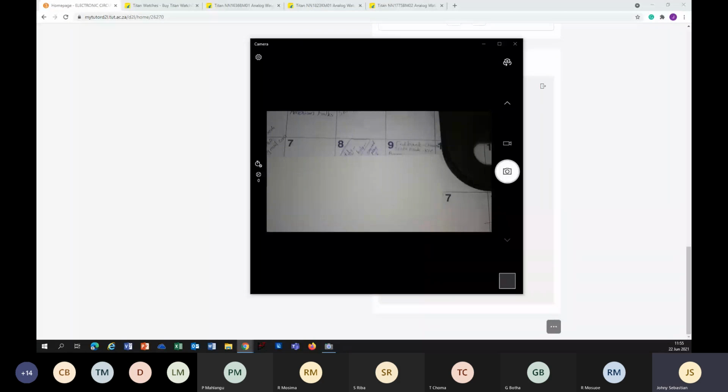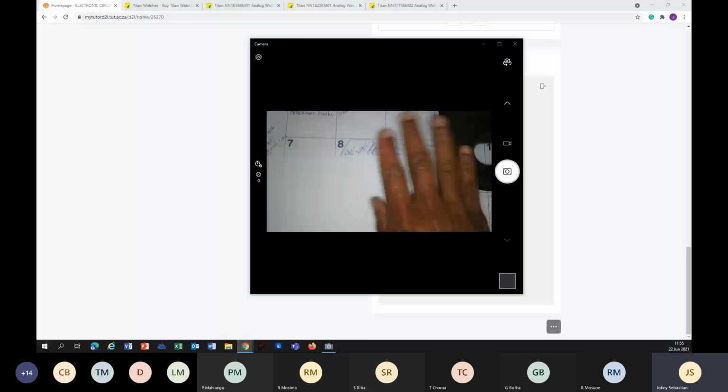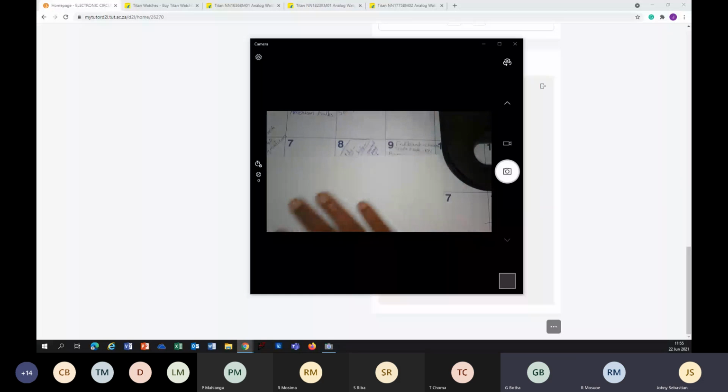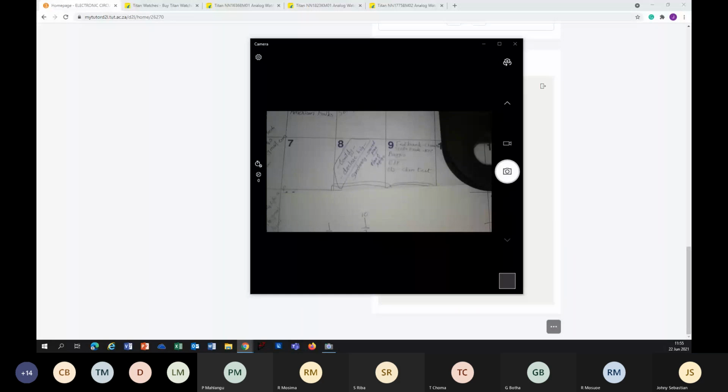Can you see my hand? Yes, sir. Okay. Let's solve the problem in this way. We have a 10 volt supply and this is 1K.